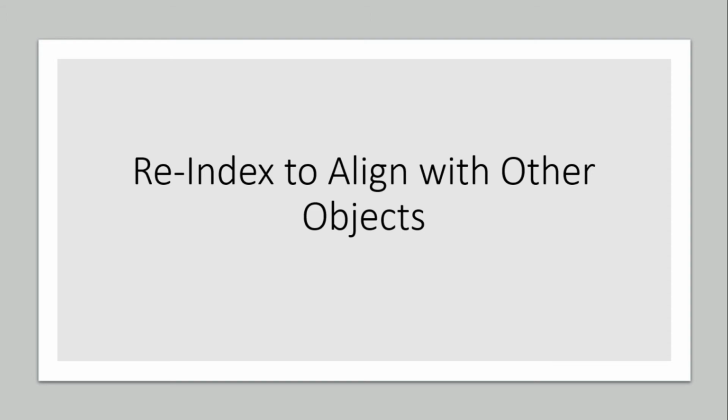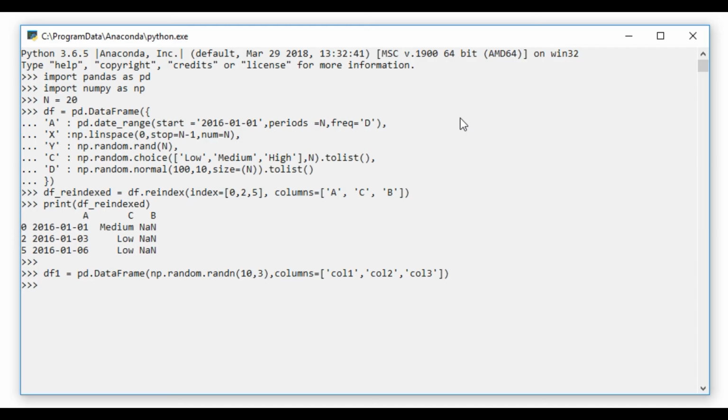Let's move and perform reindex to align with other objects. You can take an object and reindex its axes to be labeled the same as another object. Let's see. df1 equals pd.DataFrame of np.random.random of 10, 3, columns equals col1, col2. df2 equals pd.DataFrame of np.random.random of 7, 3, columns equals col1, col2, col3.